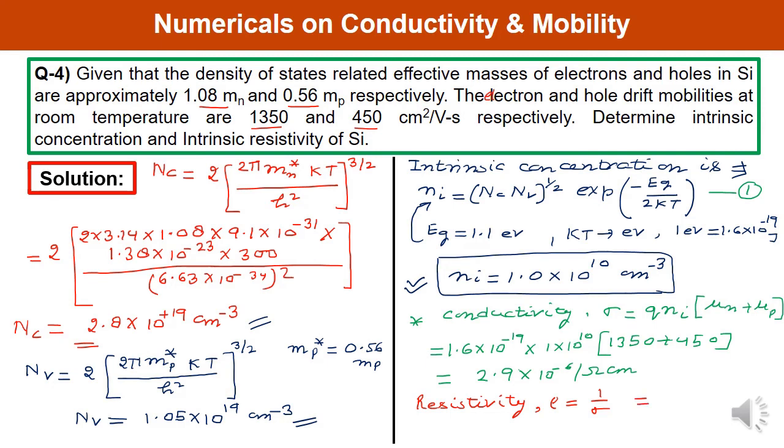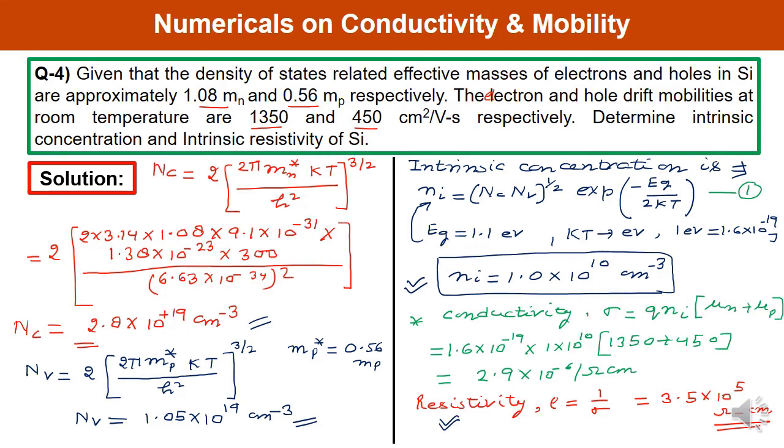So this is 1 upon 2.9 into 10 raised to the power minus 6. After simplification, you will be getting 3.5 into 10 raised to the power 5 ohm centimeter. So these two things you need to calculate over here. First is the Ni and second is the resistivity.